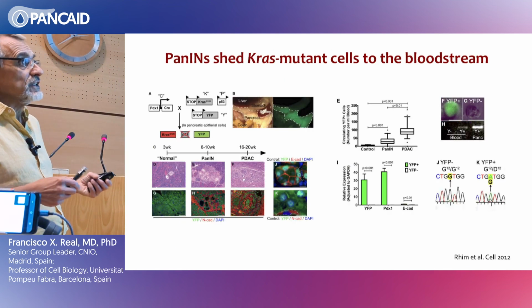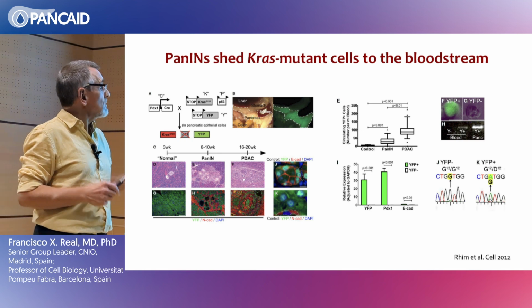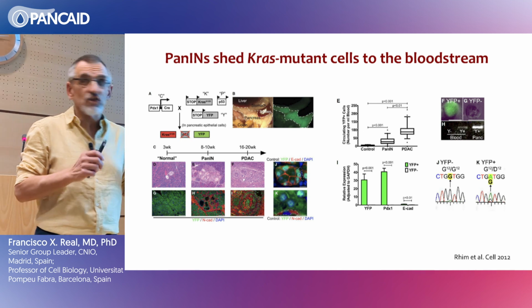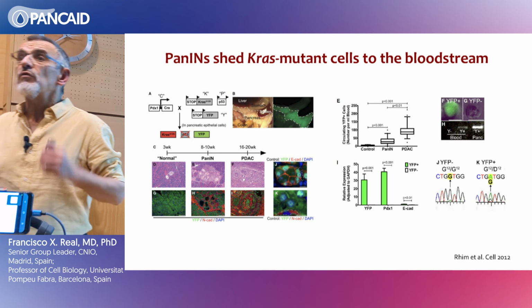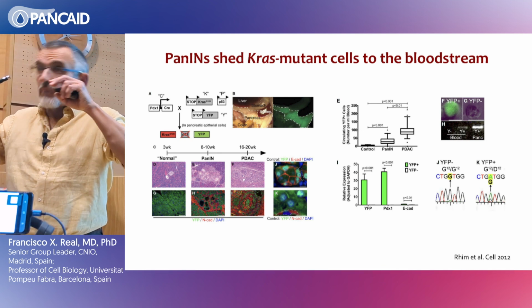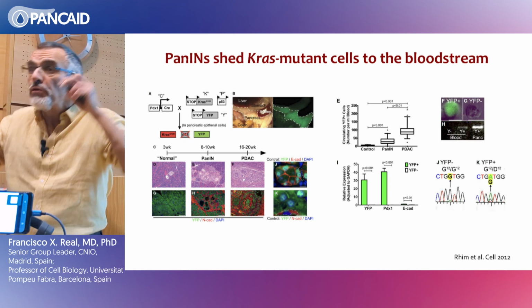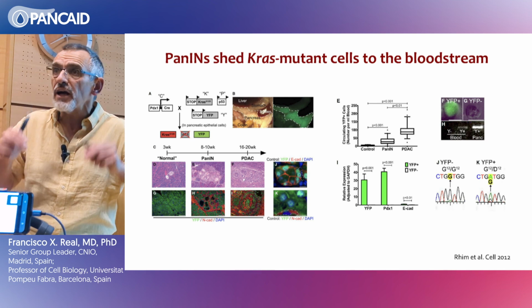And finally, this is a very important paper from Ben Stanger's group, published in Cell 10 years ago, where they showed that in mice, high-grade PanINs can shed, I'm not going to say tumor cells because they are PanINs, pre-neoplastic cells into the bloodstream. So this can happen in the absence of invasive tumor.